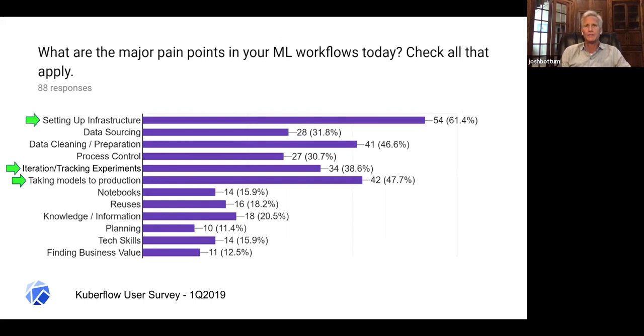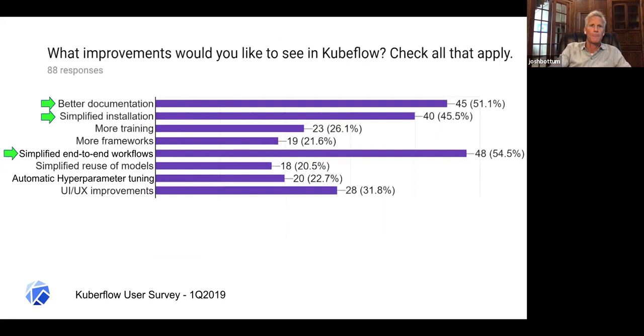And then what pain points are in your machine learning workflows today? Setting up infrastructure obviously looks to be number 1, taking models to production, and then iterating or tracking experiments. And of course, data cleaning and preparation is another one that is high up there.